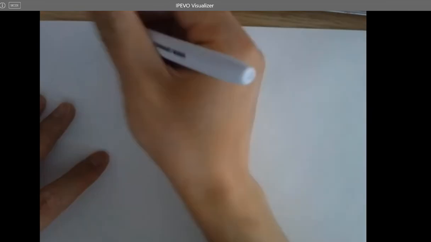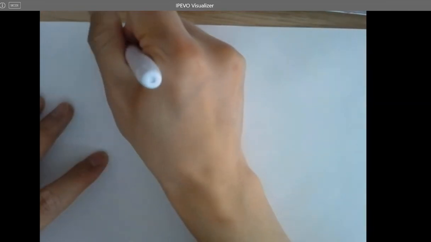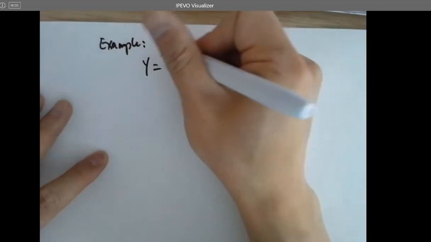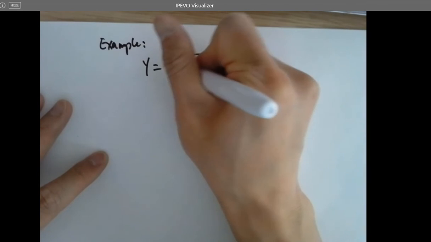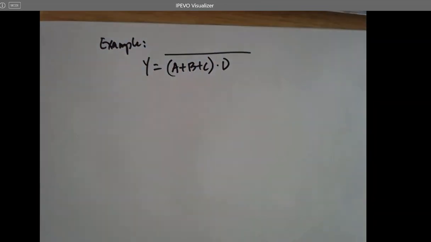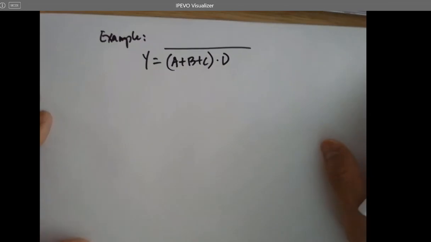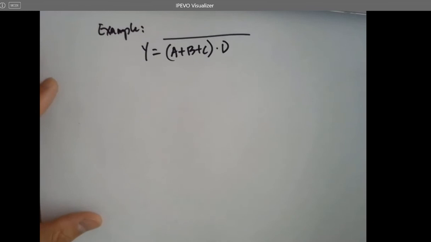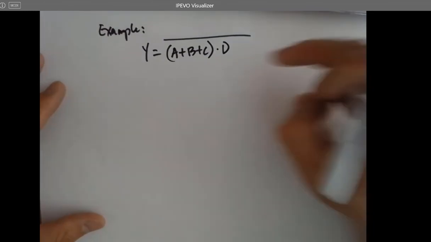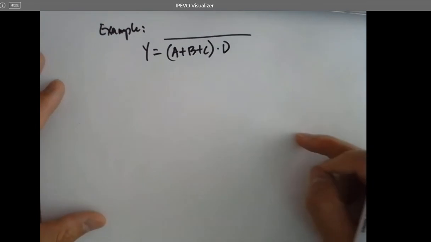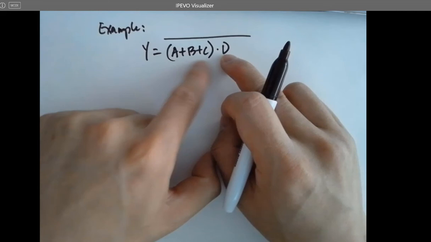Next. Y equals A or B or C, AND D. How about this? Great, I have a bar on top, so I can directly use the AOI logic without inverting eventually. And I have these two blocks.